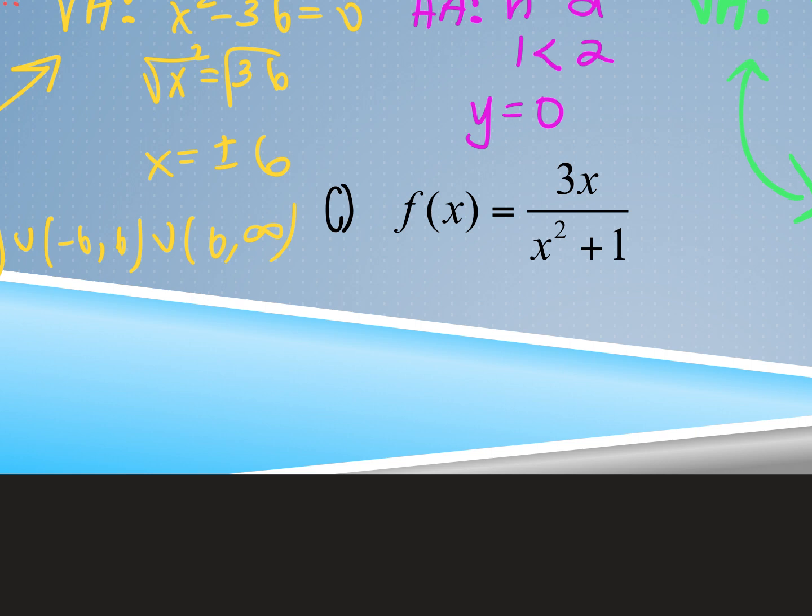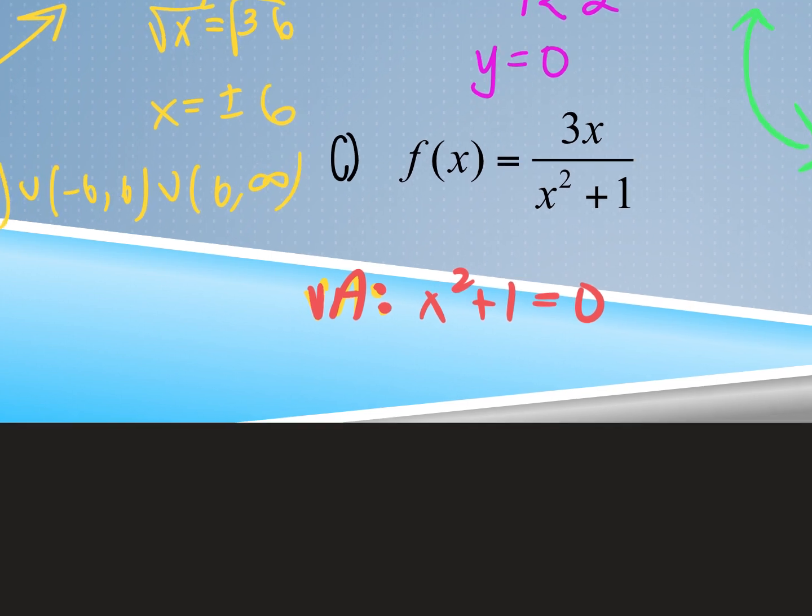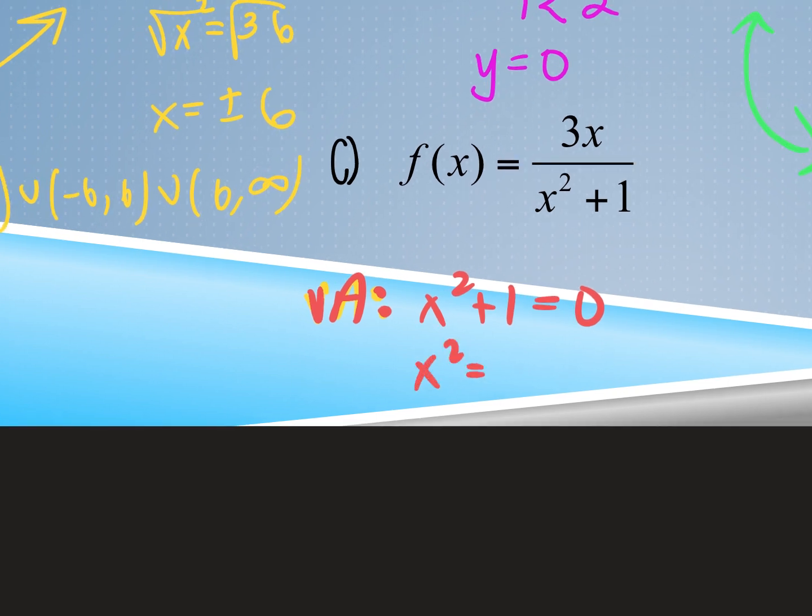How do we find our verticals again? Denominator. I keep saying the same thing over and over again, guys. You need the repetition so you understand where to look and how to look. So I say x squared plus 1 equals 0. Everybody with me? All right, so I have x squared equals -1. Take the square root.